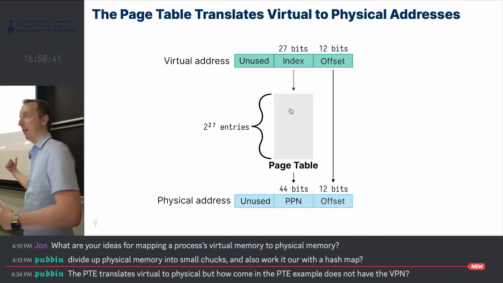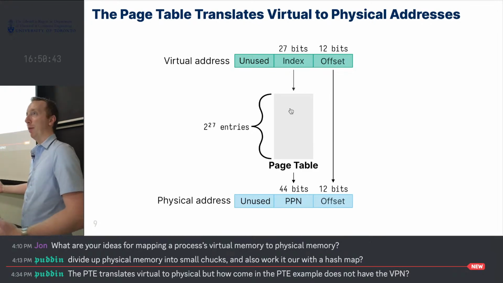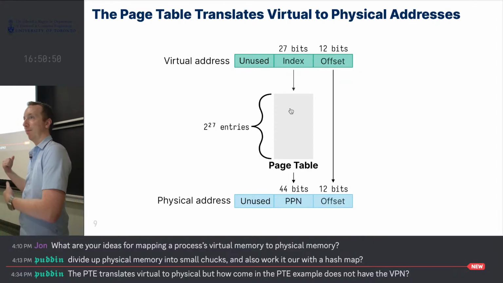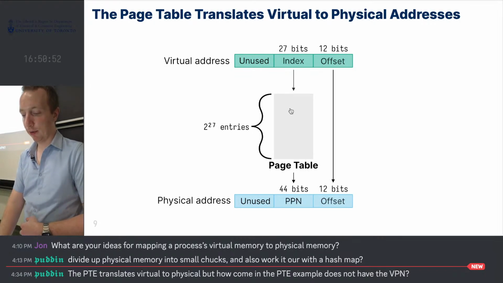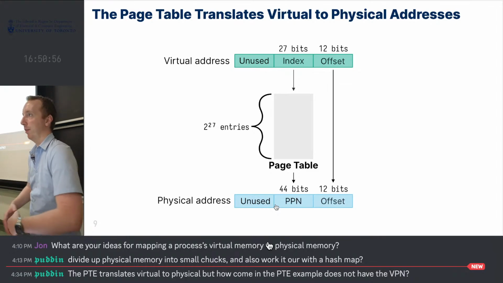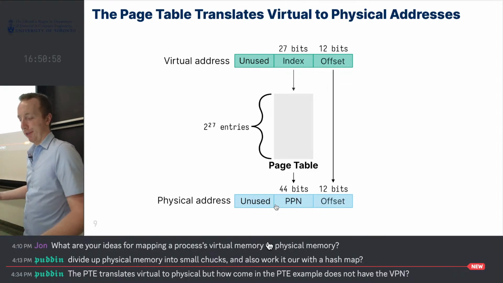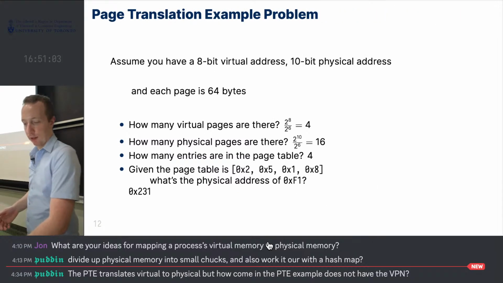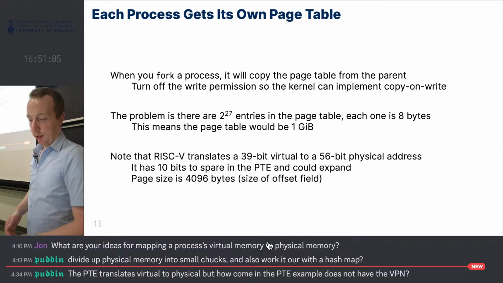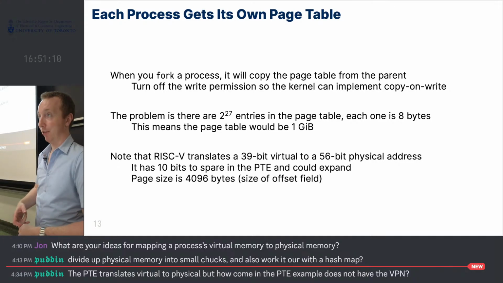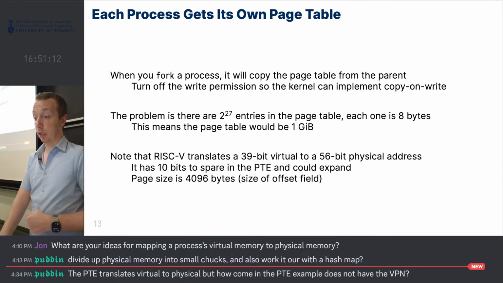So you can see why we restrict the number of bits we use for the virtual address, because it corresponds to the size of the page table, while the physical page number corresponds to the size of the entry, which is always going to be 8 bytes in general. So we have that big issue that we will tackle later.